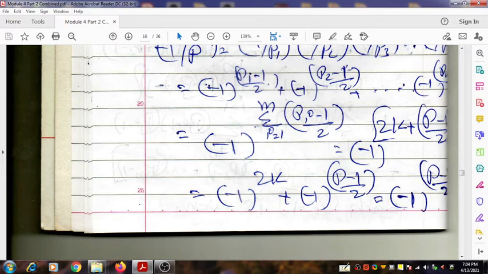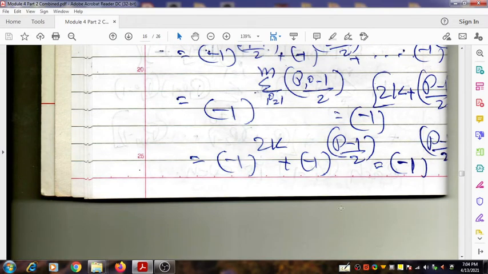But minus 1 raised to 2k becomes plus 1, because this number is even, so its effect is nullified. We get the answer minus 1 raised to (p minus 1) by 2. That is the end of that part.